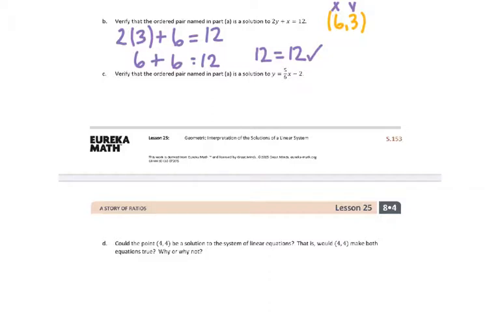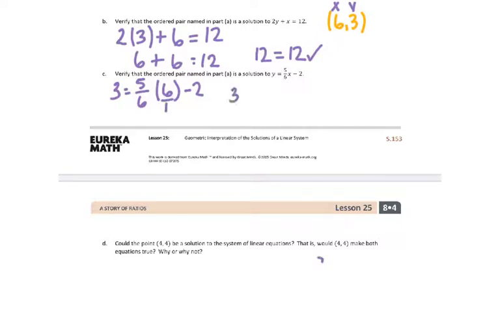Now, in part C they ask us to verify that the ordered pair named in part A is also a solution to our second equation. So we're going to do the same thing. For y, we're going to plug in 3. So we have 3 equals 5/6 multiplied by 6, minus 2. Now we're going to multiply straight across with our fraction. Remember, 6 is technically 6 over 1.